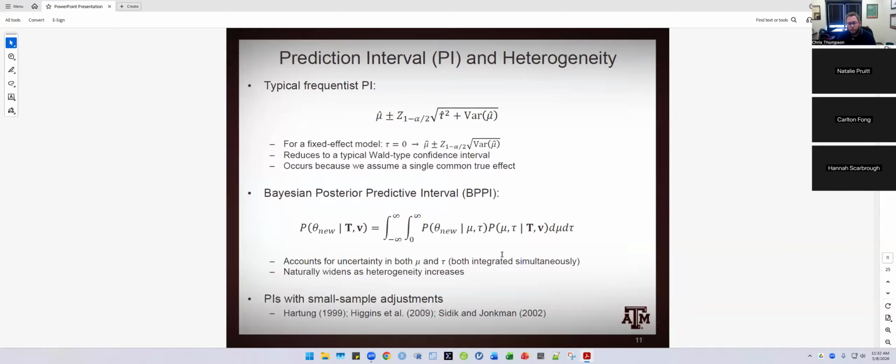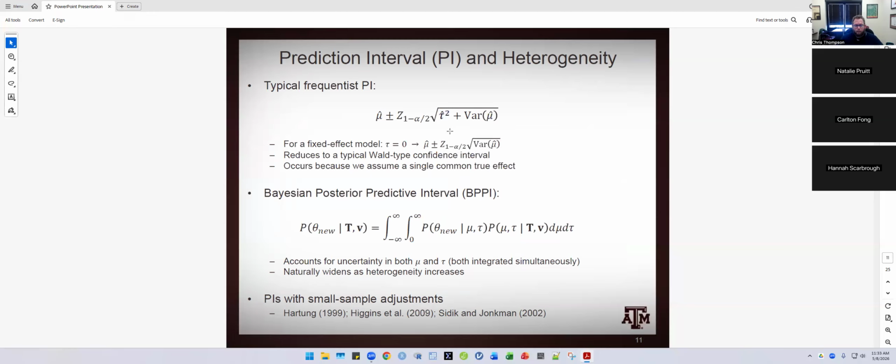So for the PIs, the prediction intervals, in the non-Bayesian context, keep in mind, I had mentioned that this tau squared estimate does matter.